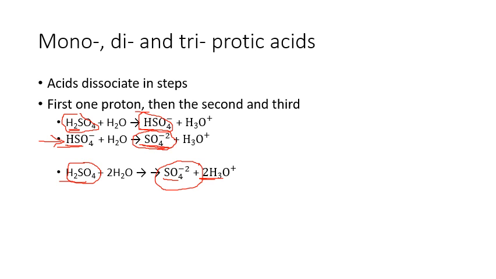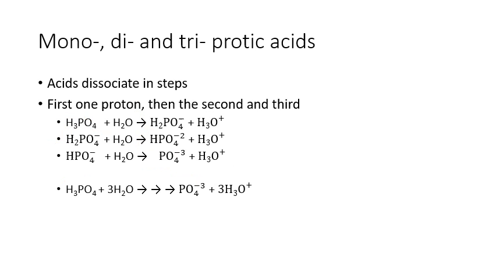So this is an example of a diprotic acid breaking down in steps. Triprotic acids can do the same thing, except they would go 3 steps. The first step is the H3 goes to H2. Second step, H2 goes to HP, and then HP goes to no H's, just PO4. So that would happen in 3 different steps, and the net effect is that you get 3 protons released into solution.